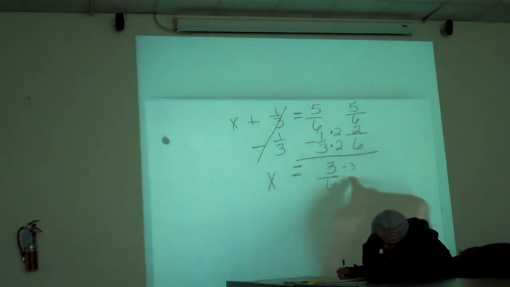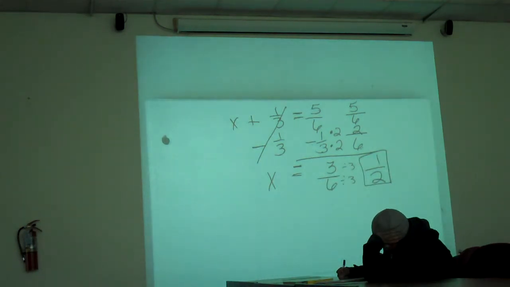Divide by 3 on the top and bottom. You have 1/2. And there's your answer. So see, you can't always just look at it and know what the answer is going to be. The reason we have you do this is so you'll get used to showing your work when it's not just naturally coming to you.